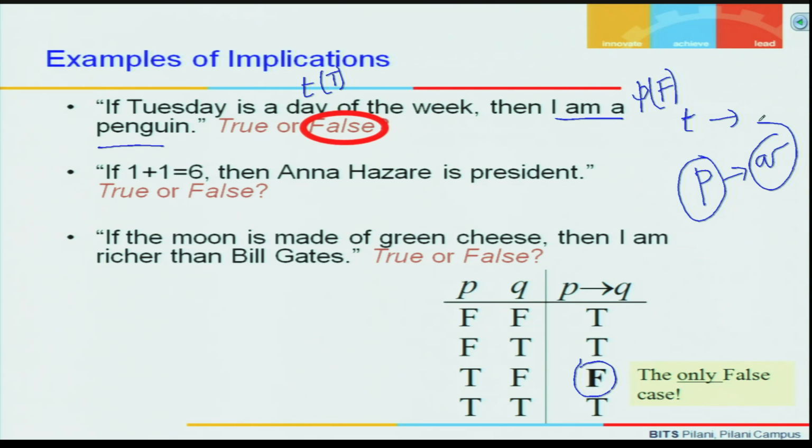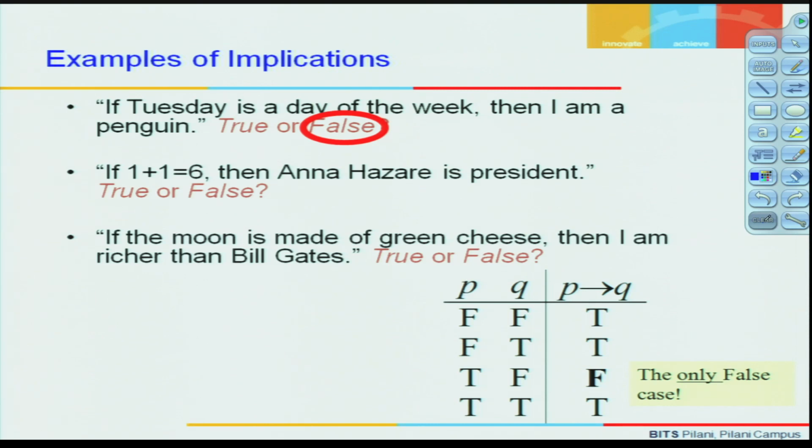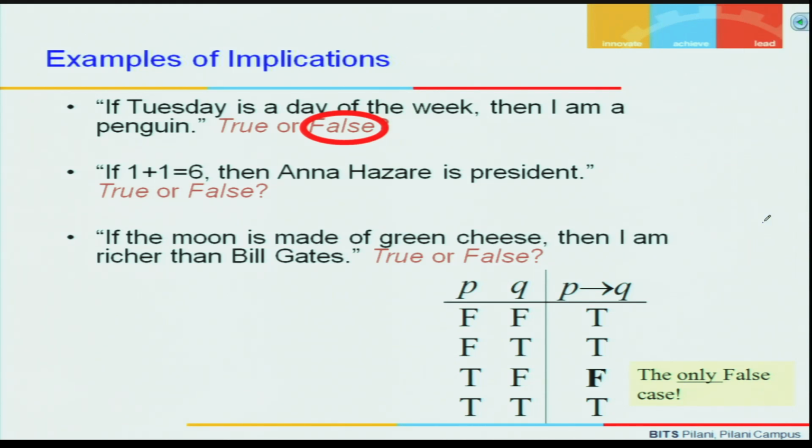Okay, we will see another example. If 1 plus 1 is equal to 6, then Anna Hazare is president. Is it true or false? We will see that 1 plus 1 is equal to 6. There is no problem when we call it a proposition, and it assumes the value false.